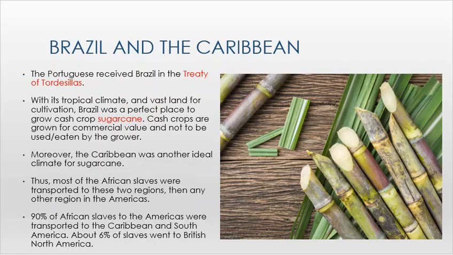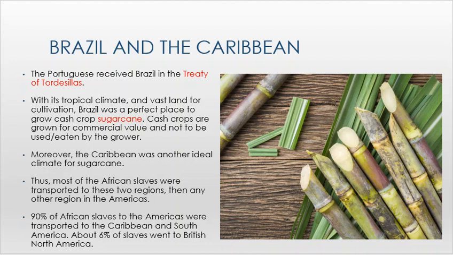So some of the places they were taken to, the two main places are Brazil and the Caribbean. Now remember, the Portuguese received the land of Brazil in the Treaty of Tordesillas, which basically, the line of demarcation gave them a portion of what they now call Brazil.